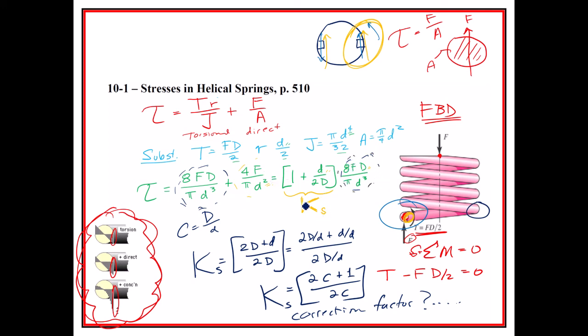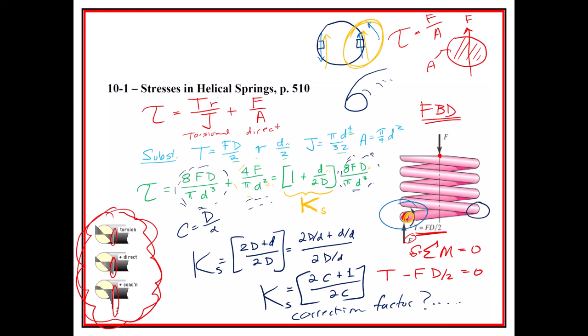But this Ks is really correcting for the fact there's also direct shear. But there's also other things taking place. There's also stress concentration. There's also a little bit of an issue that we're actually dealing with a curved section, right? This thing has some curvature to it.